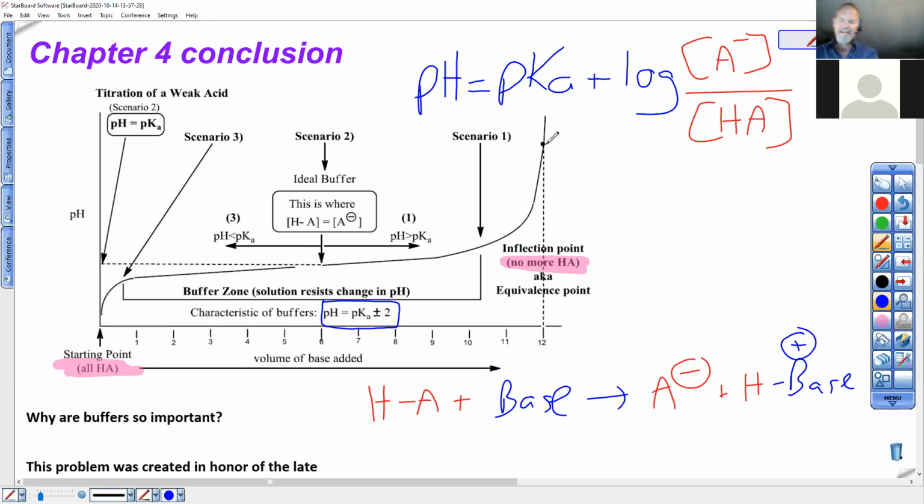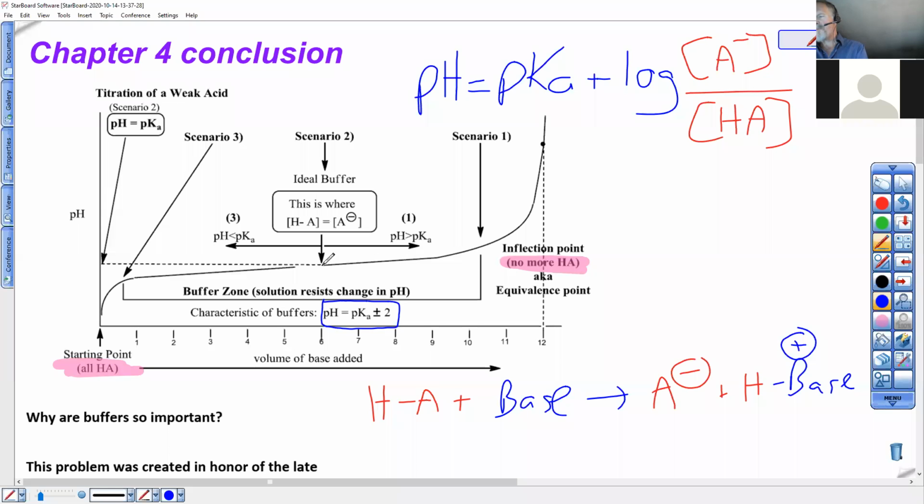And that makes the hydronium ion go down directly. Remember, the product of hydroxide times hydronium is a constant. So the pH is skyrocketing. So you take the point where the pH skyrockets, that was the end of the titration. You divide by 2, and that's halfway through the titration.